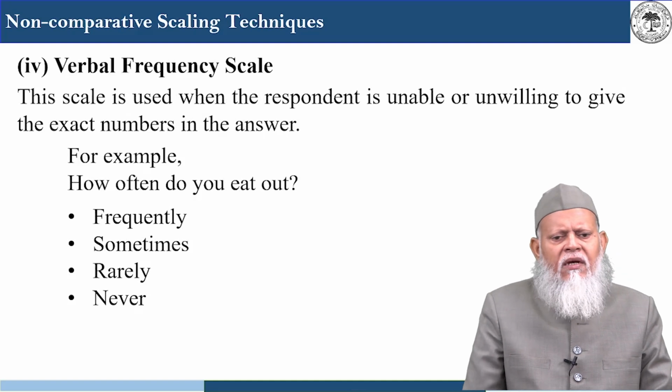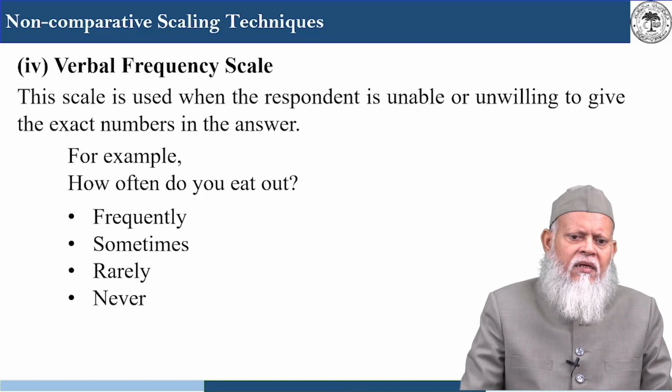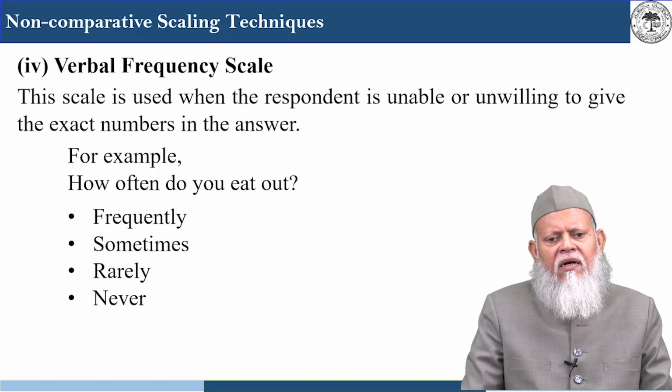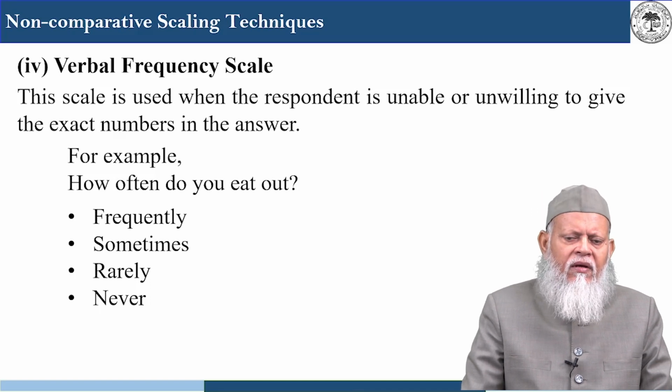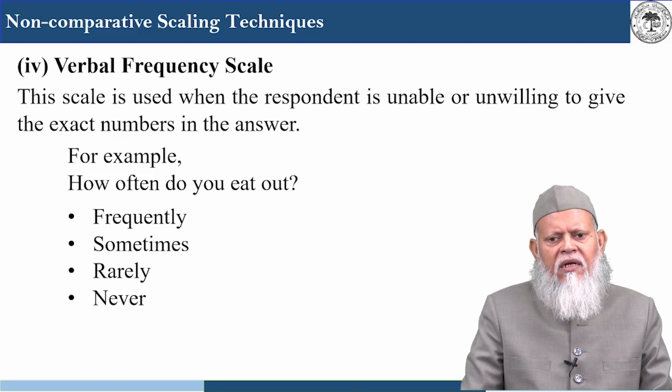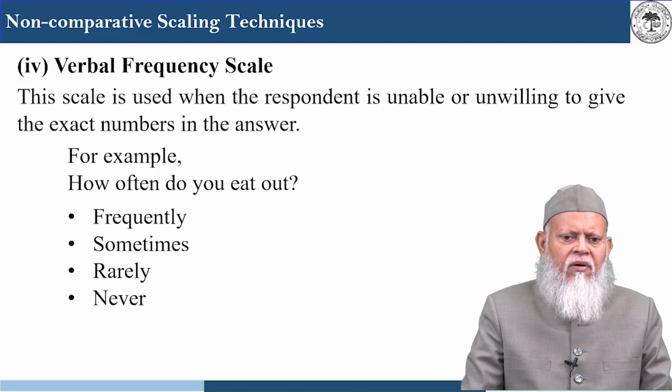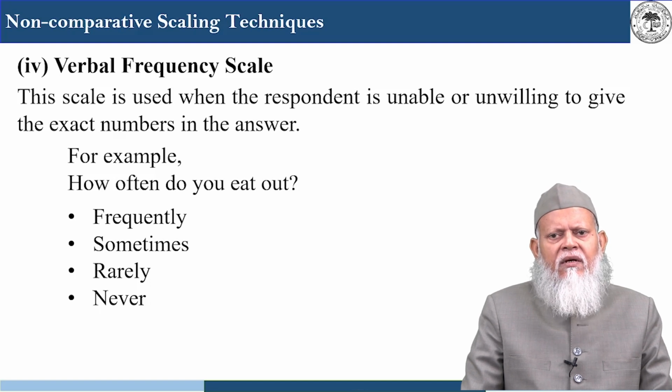There could be other questions also. Any question in which people are not able to give, or they are unwilling to give, the exact numbers in the answers, then also one can ask them. One can ask a student, how often do you go to a cinema house for picture seeing?